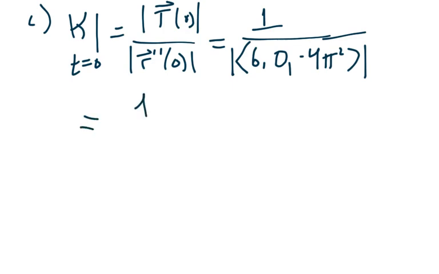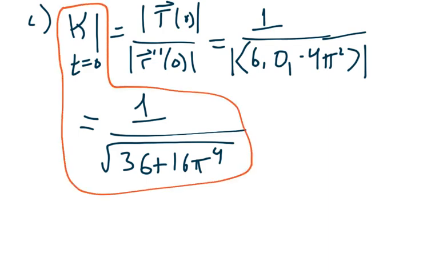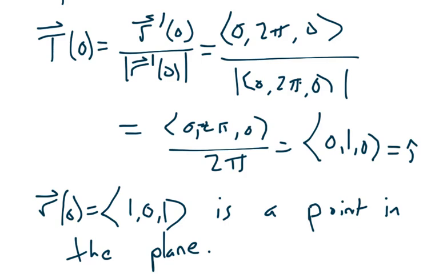So otherwise known, this is 1 over the square root of 36 plus 16 pi to the 4th. So that is the curvature at t equals 0.